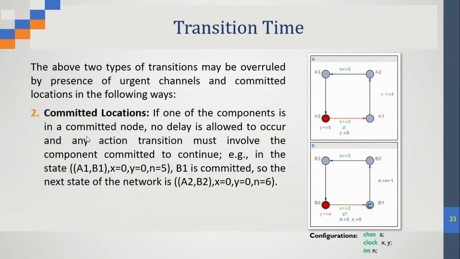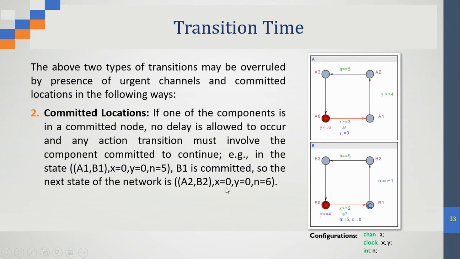Also, the committed location affects the time. In a committed location, there is no delay in time, and any action transition must be taken. For example, if we are in the state A1, B1, since A1, B1 is a committed location, we are in this committed location.